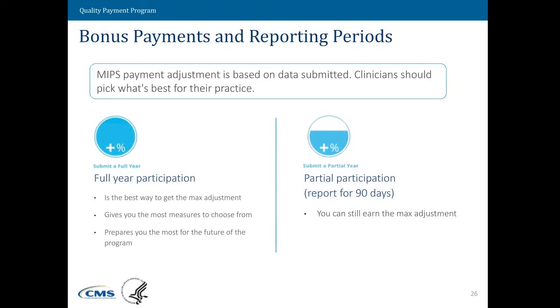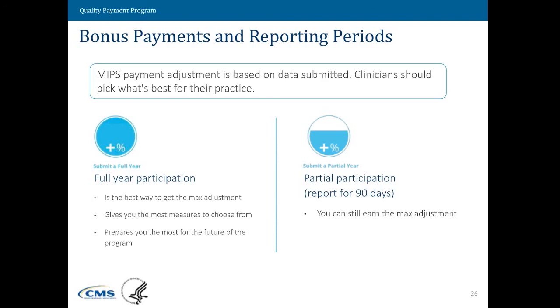So when we look at the full option and the partial option, think of these as options along a spectrum. So if you can participate for a 90-day period for one performance category, that's great. If you can participate for longer than a 90-day performance period for one category, that's even better. It doesn't have to be either 90 days or a year.